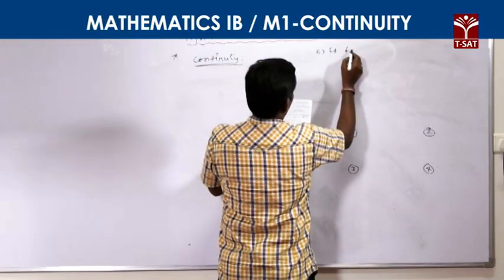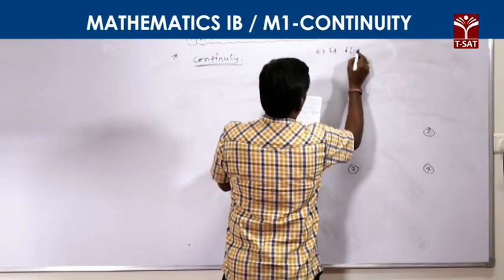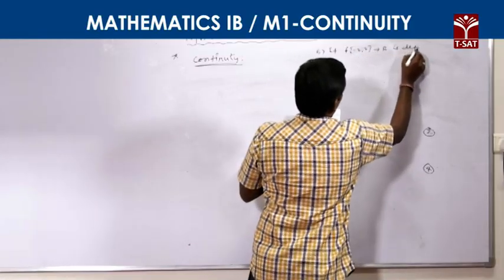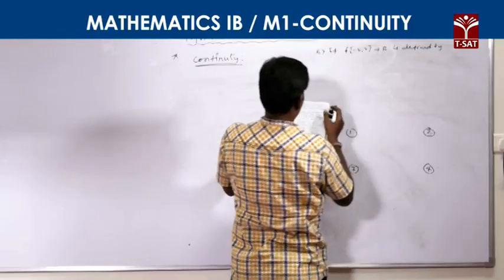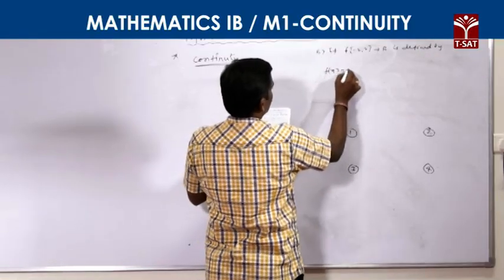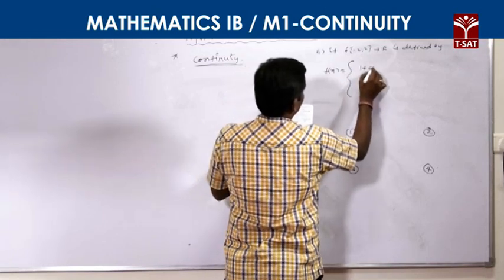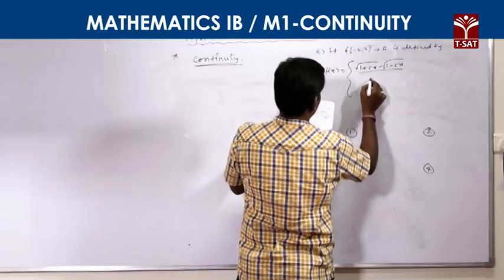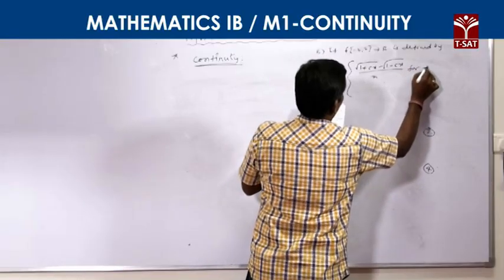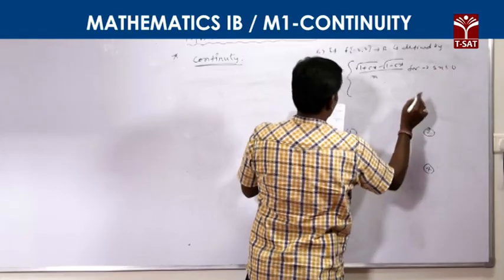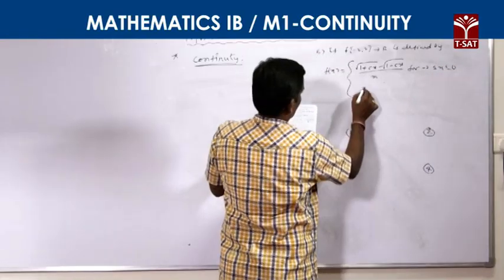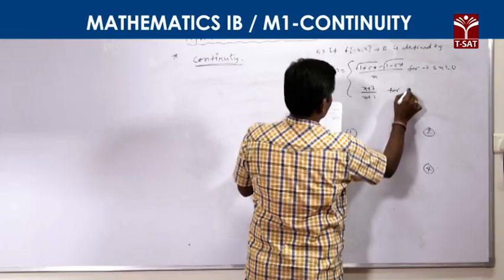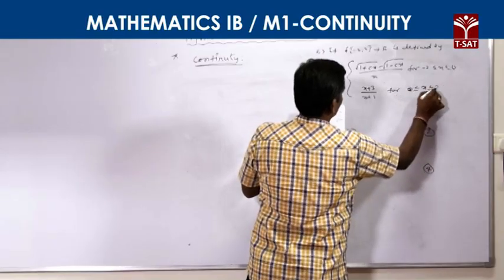If f maps minus 2 to 2 to R is defined by f of x equals square root of 1 plus cx minus square root of 1 minus cx, by x, for minus 2 less than or equal to x less than 0, and x plus 3 by x plus 1 for 0 less than or equal to x less than or equal to 2.